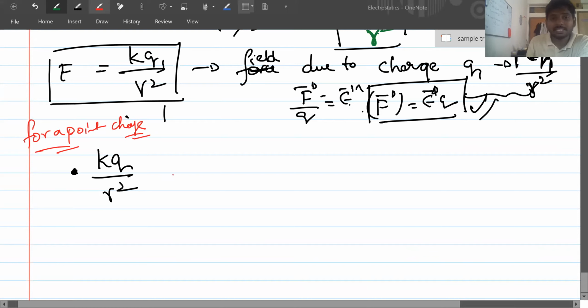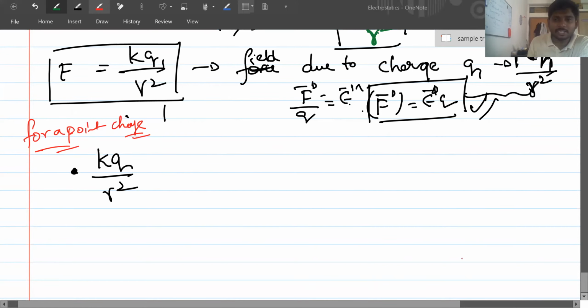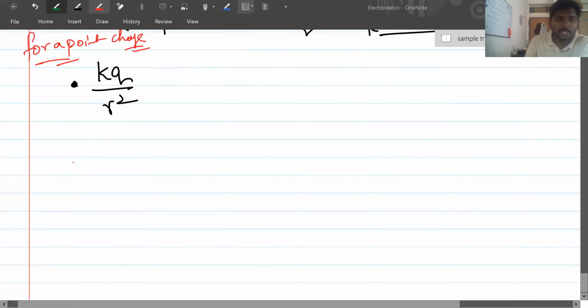But other bodies also we need to write. At least for NEET level, we need to learn about sphere. If they ask about a hollow sphere, this will be again repeated in gravitational. Consider a hollow sphere which has Q charge uniformly distributed over it.